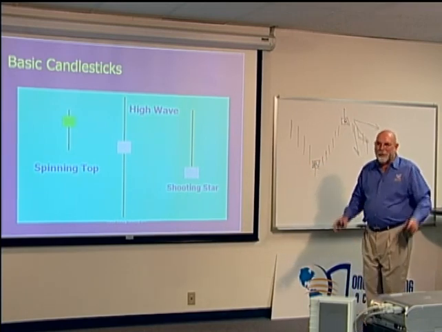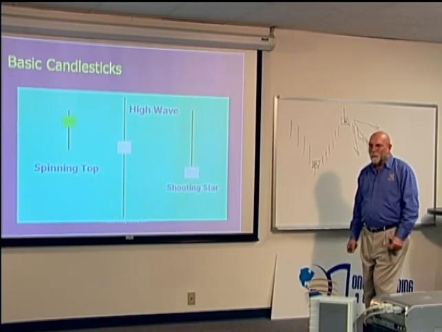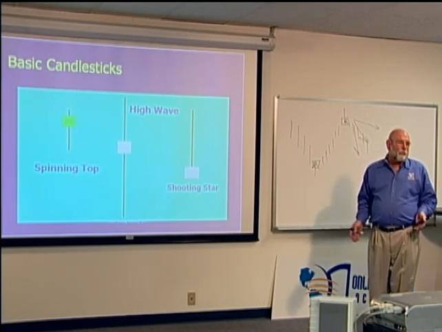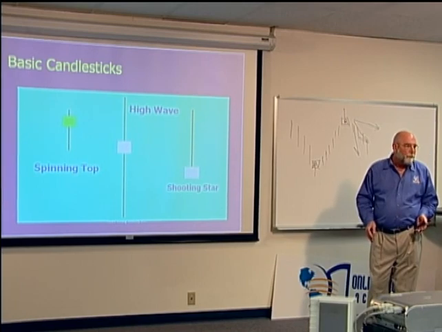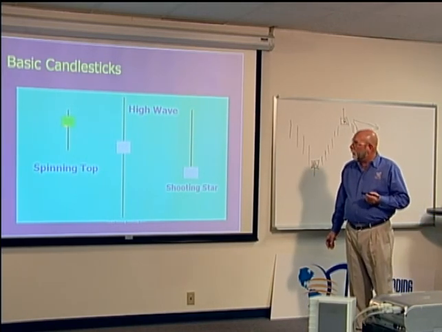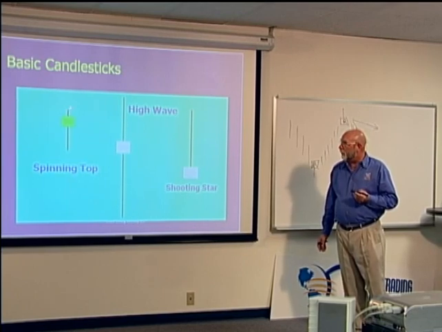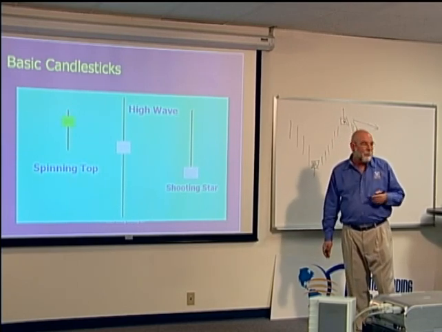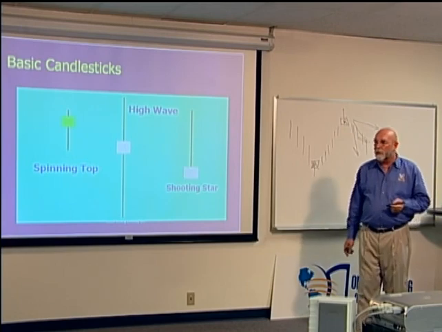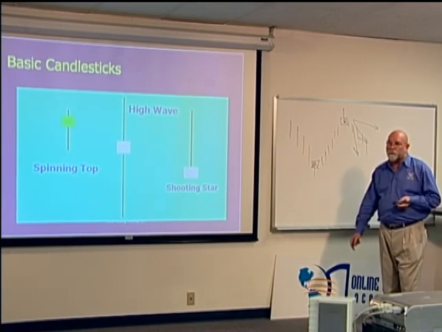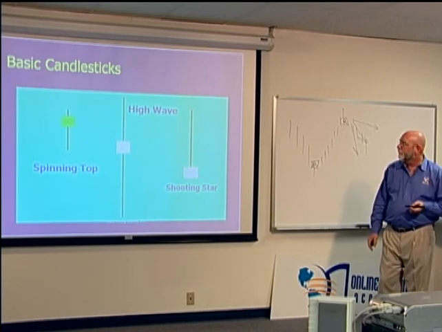They are marking time, treading water, staying in place, while the market decides what to do. Very rarely will you find a spinning top with a reasonably large shadow on top or bottom at the top or the bottom of a run. They'll generally look more like a hammer, hanging man or shooting star.